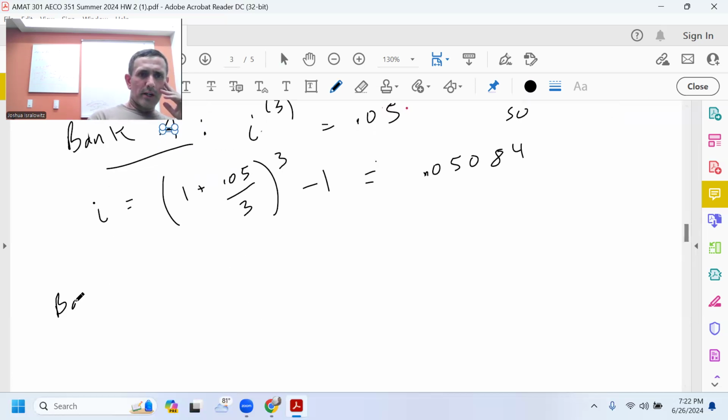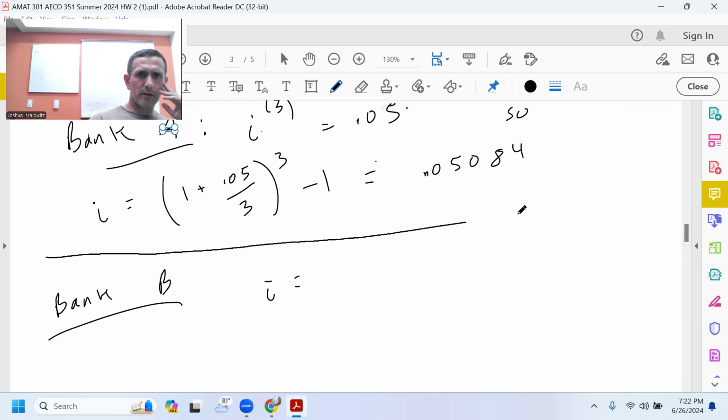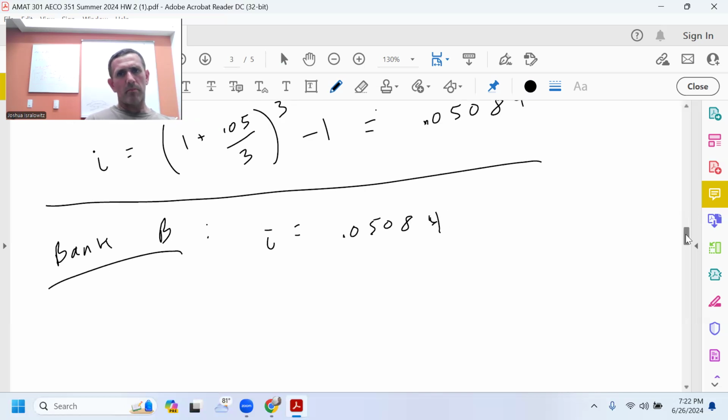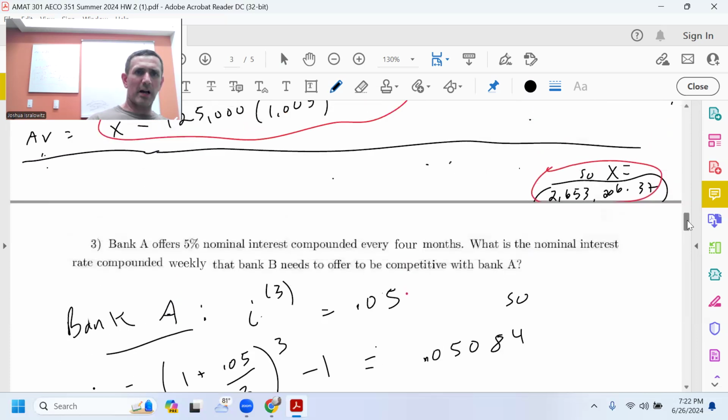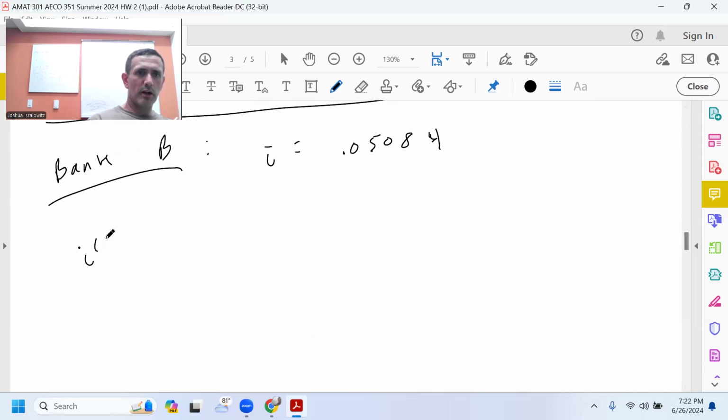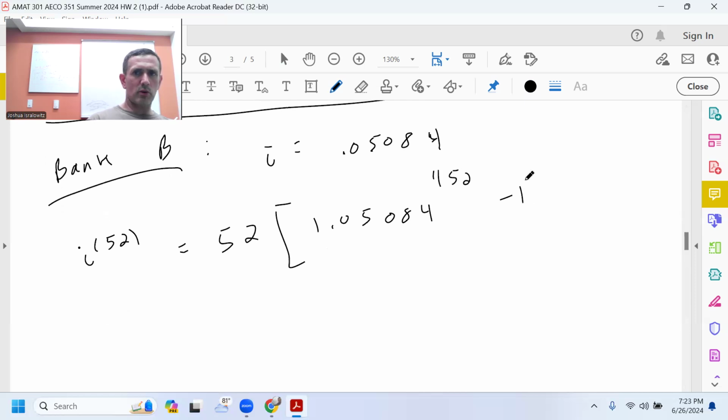Okay, so Bank B. So again, this bank has to grow by 5.084% each year, or this account rather, in Bank B, in order to be competitive with Bank A. So the question is, what is the nominal weekly interest rate that corresponds to that? Just plug and chug, 52. 1 plus my annual interest rate to the 1 over 52 minus 1.